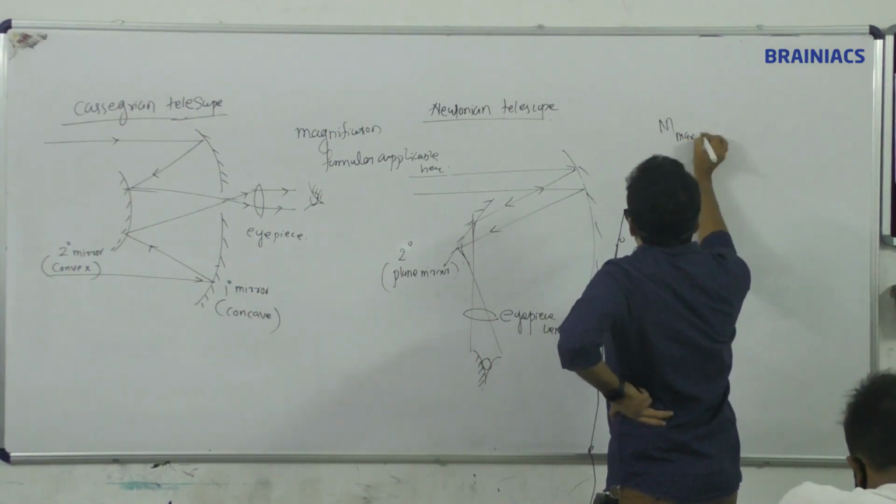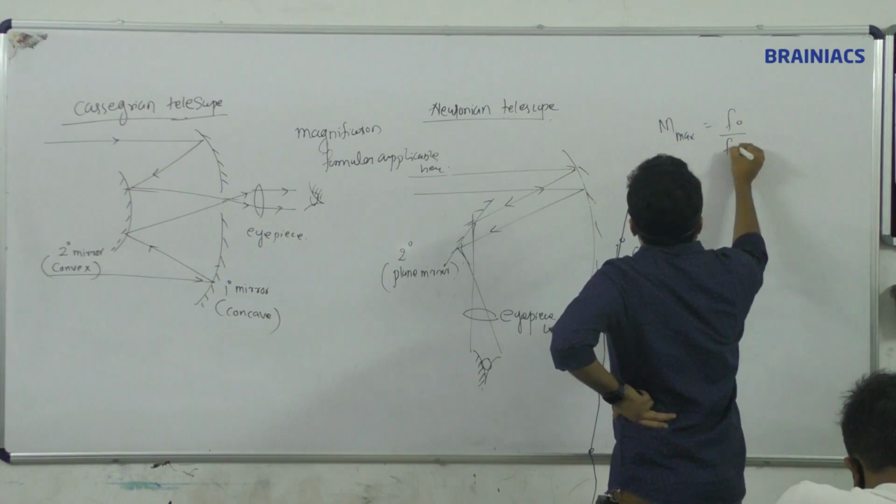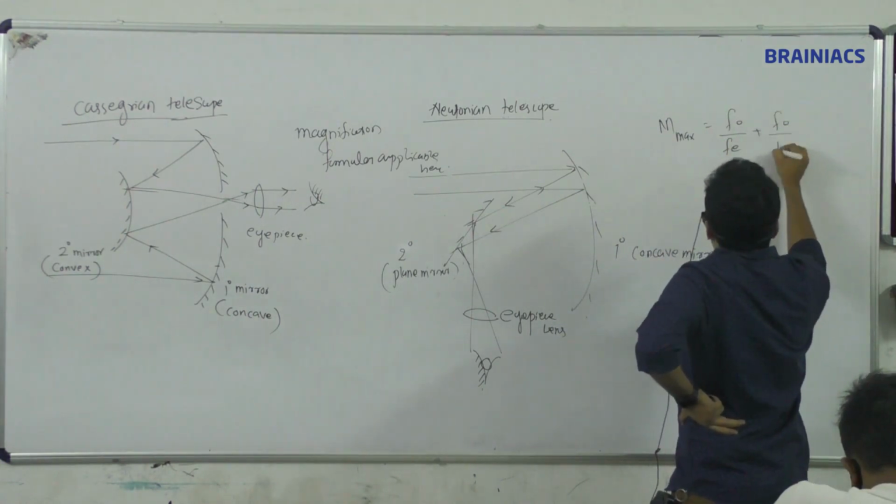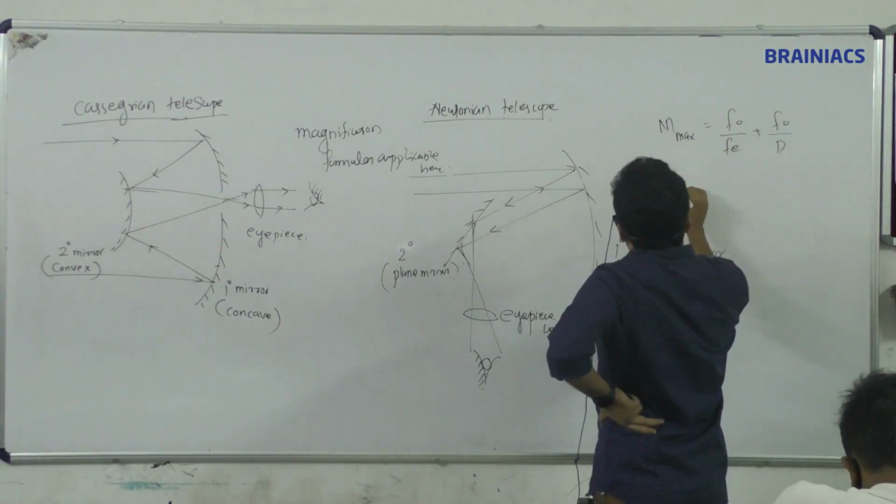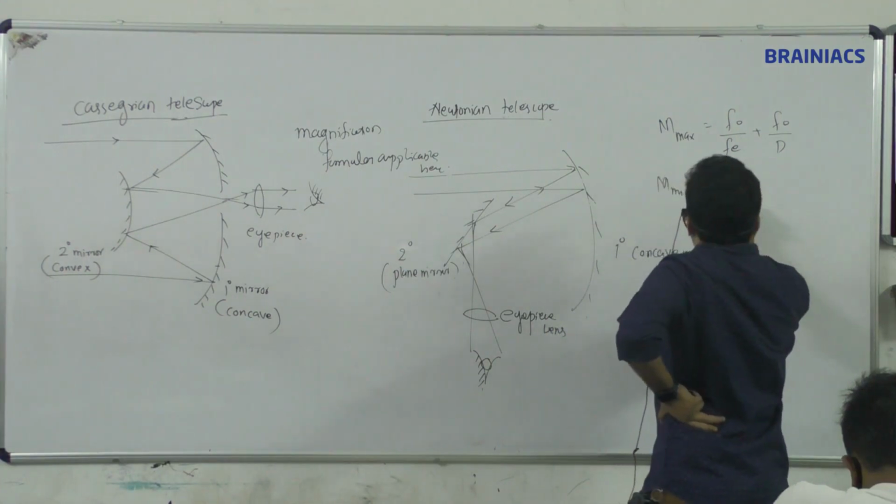M max is equal to F0 by Fe plus F0 by D. M minimum is equal to F0 by D.